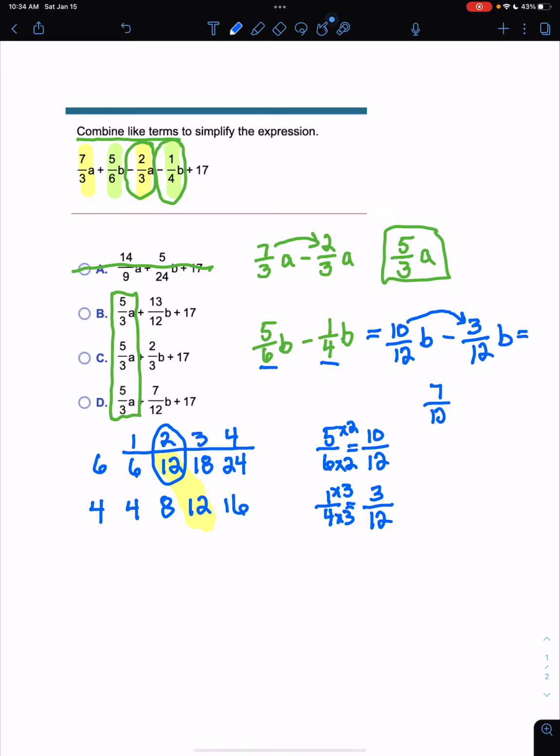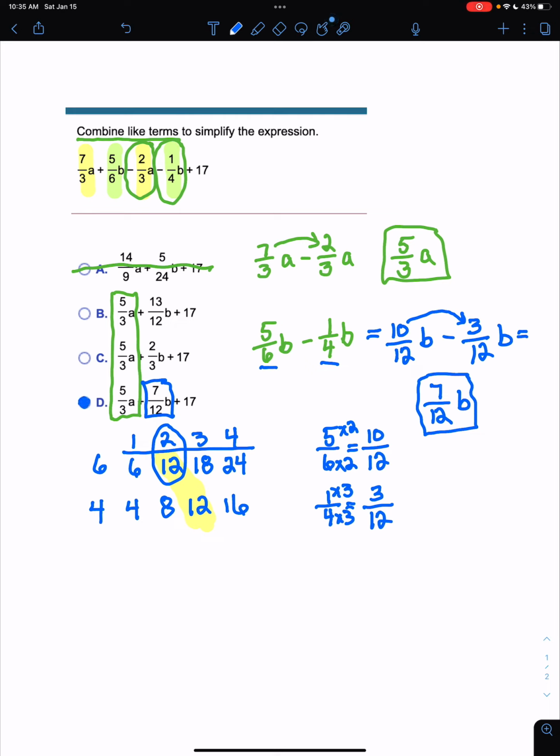Keep the 12. Don't change the 12. And then our variable is B. So that's going to be our second variable. And as we can see here, letter D is going to be our correct answer.